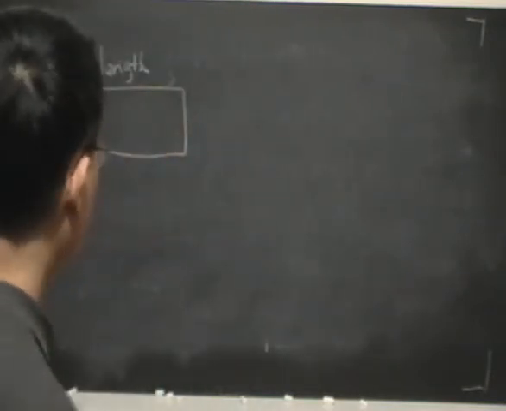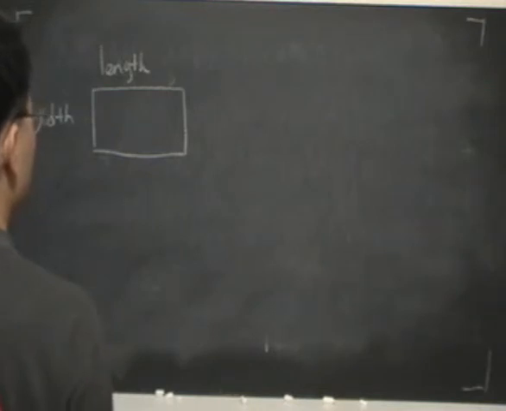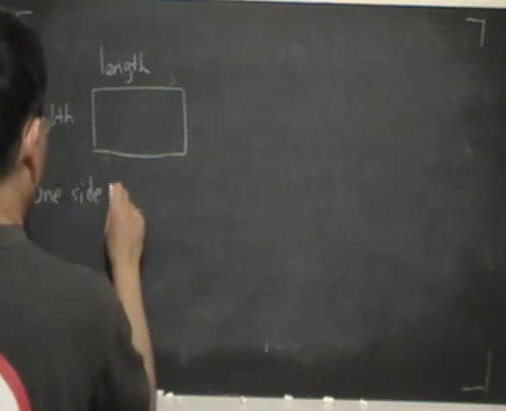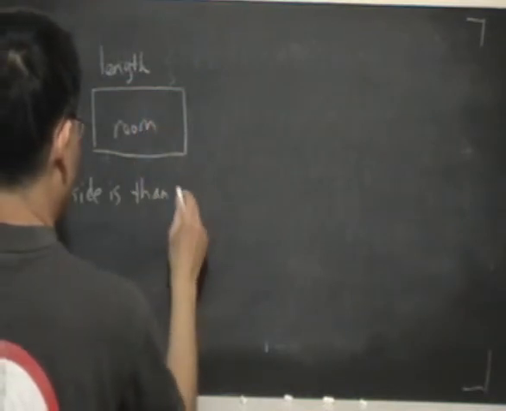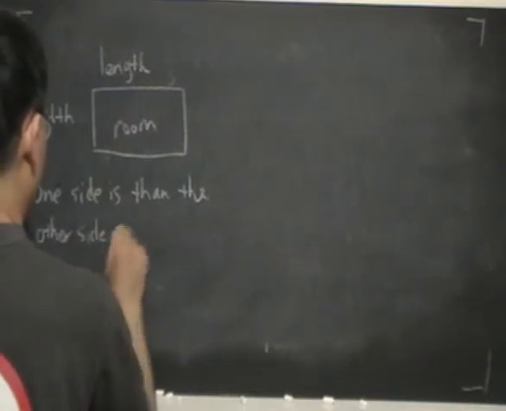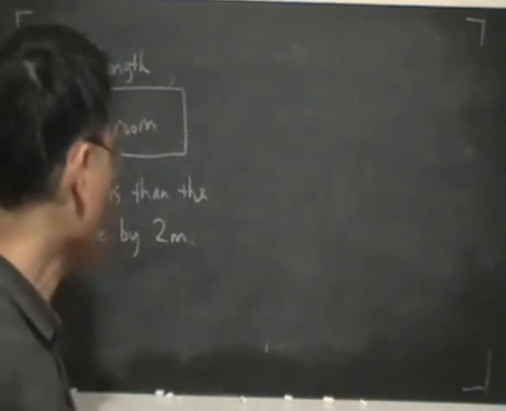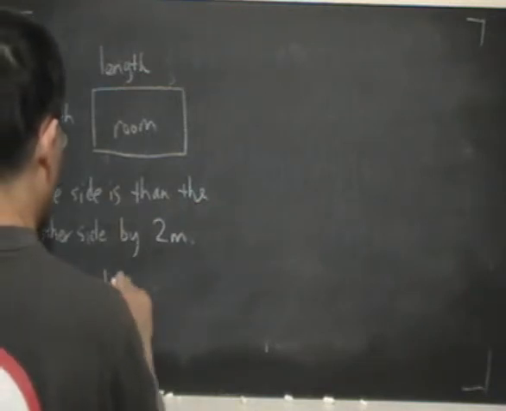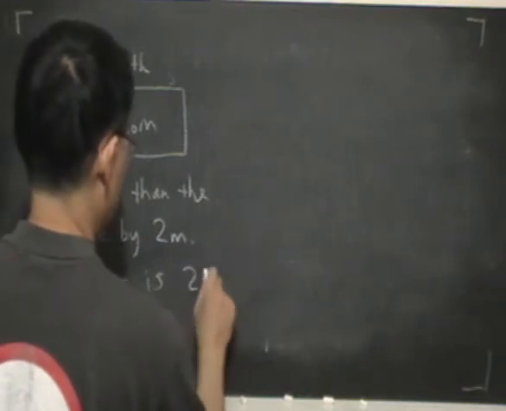Suppose the problem is this. We are given that one side is longer than the other side by 2 meters, and we are given that the perimeter of the room is, say, 20 meters.